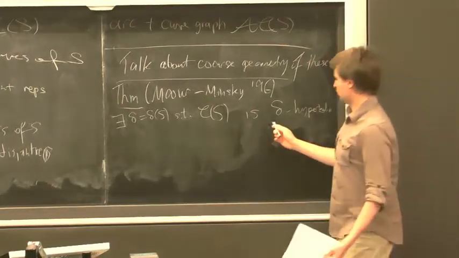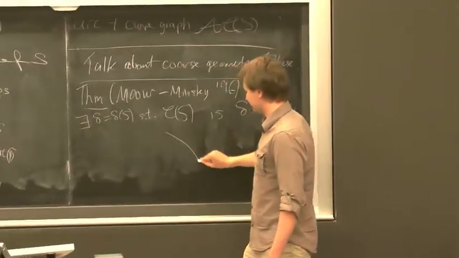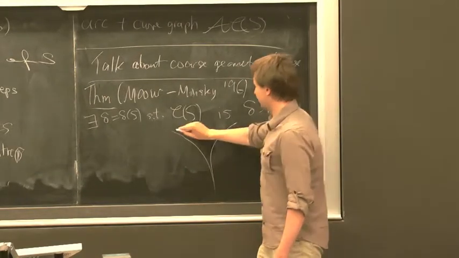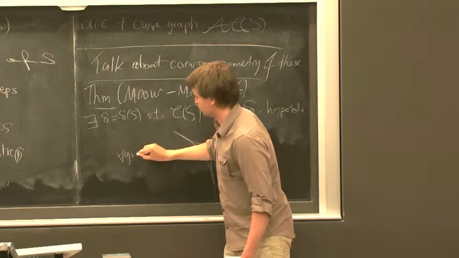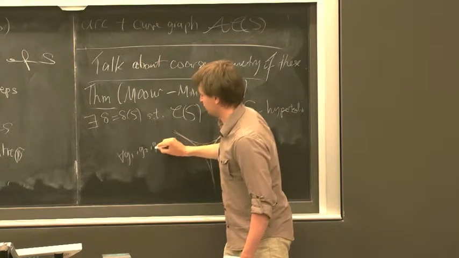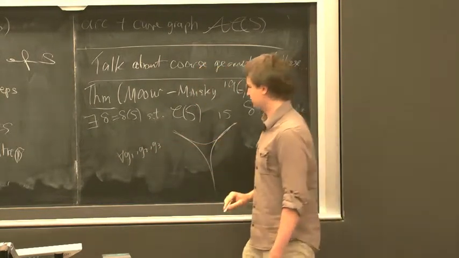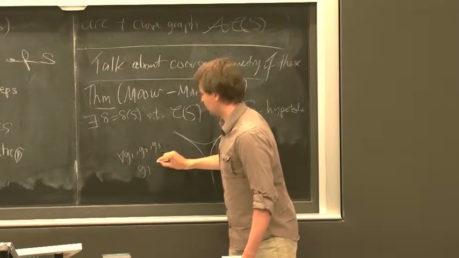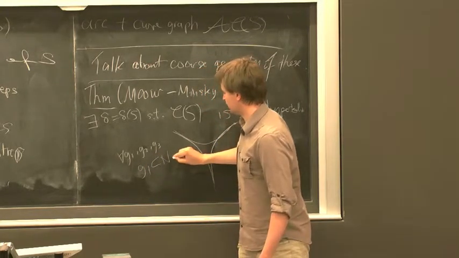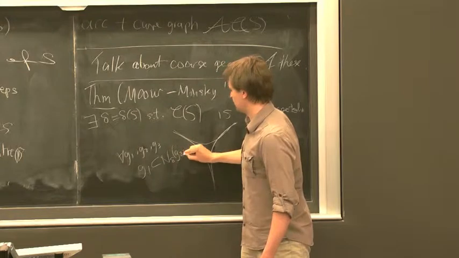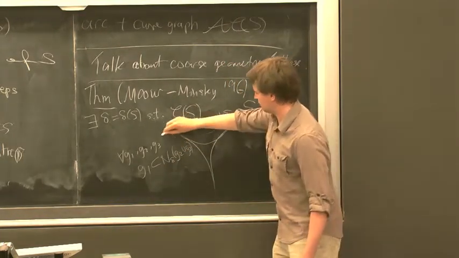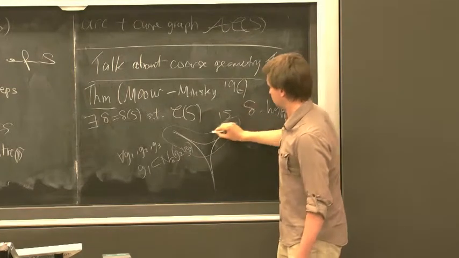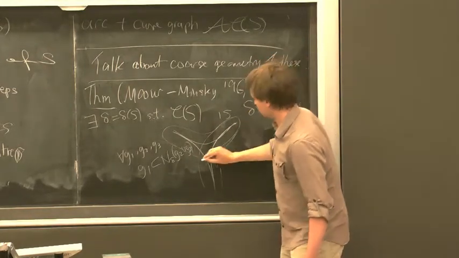Just a reminder what that means: for every geodesic triangle G1, G2, G3 in the graph, G1 is in the delta neighborhood of the other two sides. The picture is this.